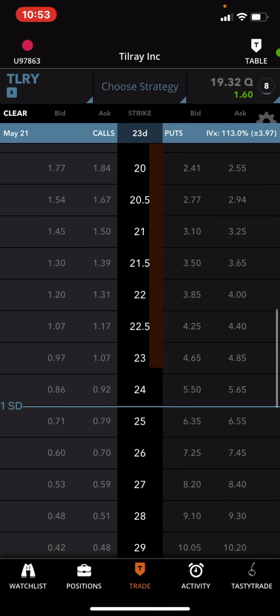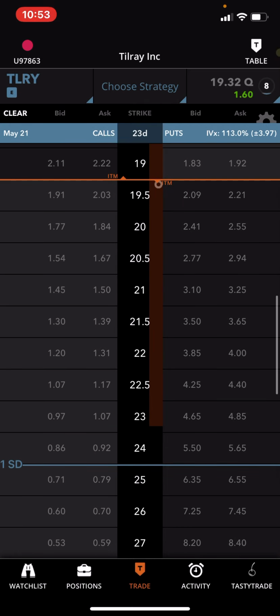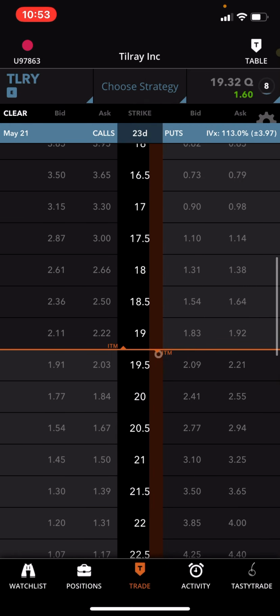And what you do is, when looking at this, you're making a directional assumption as well. I kind of did it out of the money. They recommend you do it one strike, basically not in the money, but the next one that's in the money. So in this case, the 19 and a half would have been the strike that they recommend for the calendar.